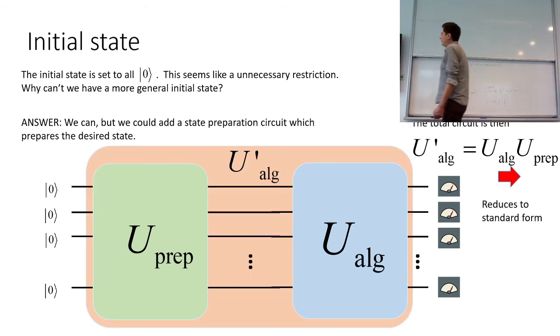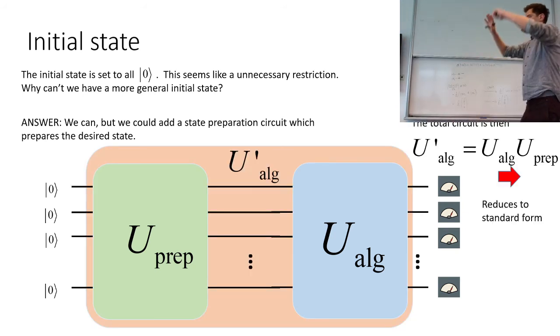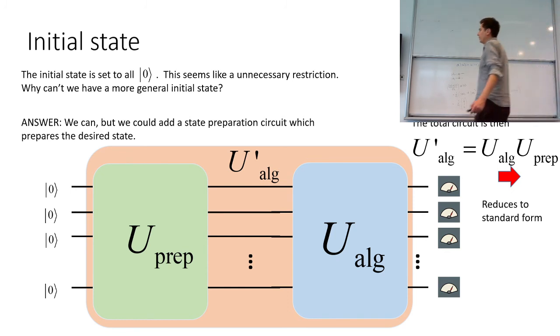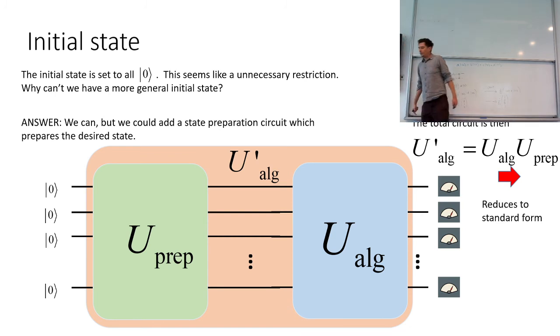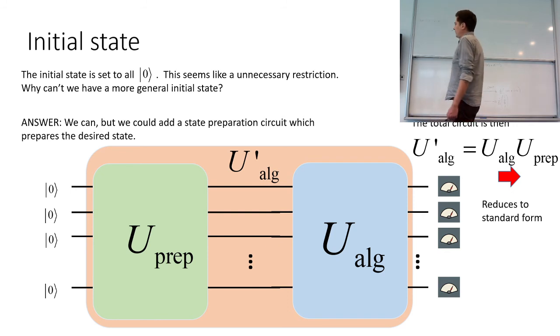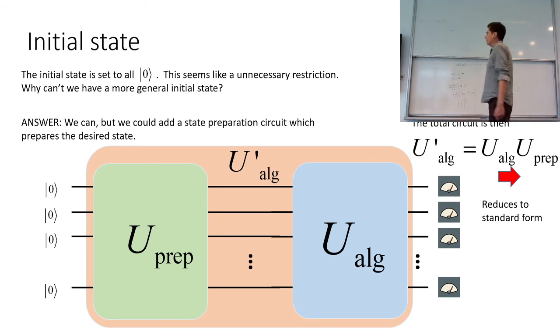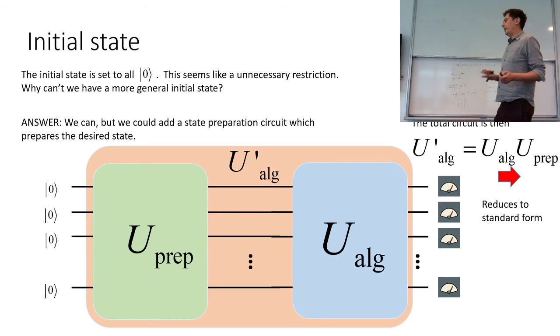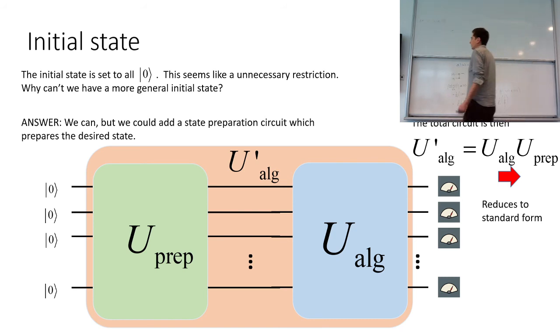And then if we call that whole thing our bigger quantum algorithm, U L dash, we can still view it like that. So it's in this sense that we can start in the zero state with no loss of generality, because we can simply push the preparation into the quantum circuit itself.